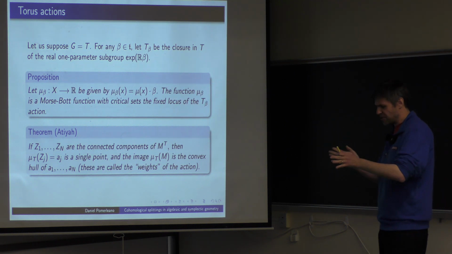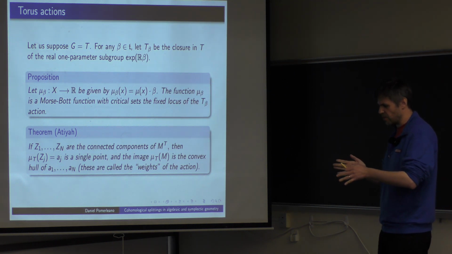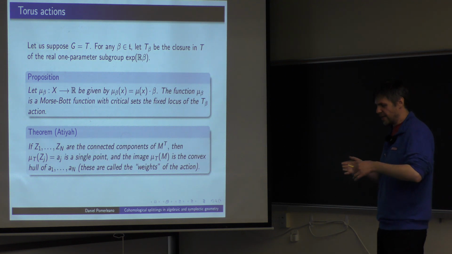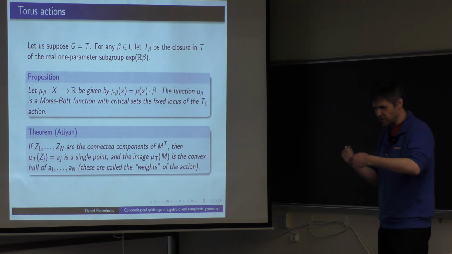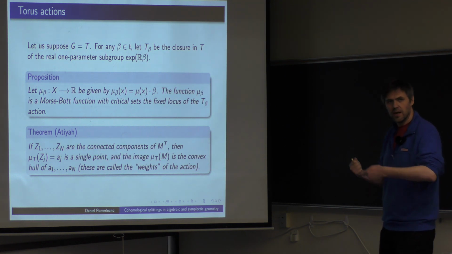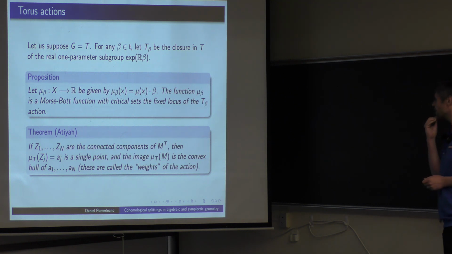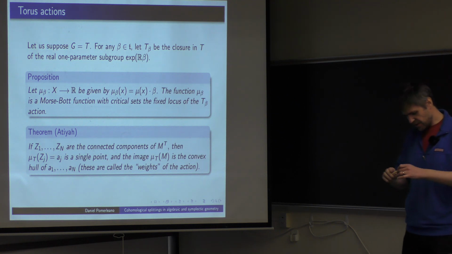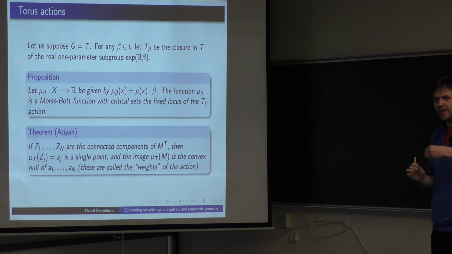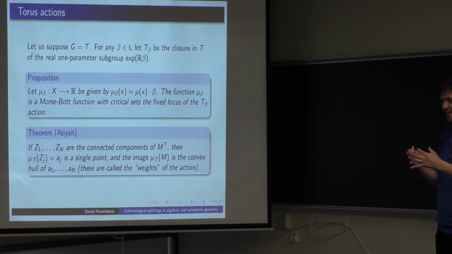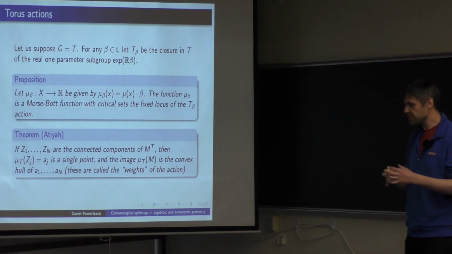If you have an irrational element of your Lie algebra, it won't quite generate a circle; it will generate a subtorus by taking the closure of that one-parameter family, and the critical set will always be the fixed locus. If you choose a generic enough element, your critical set will be the fixed set of your whole torus action.